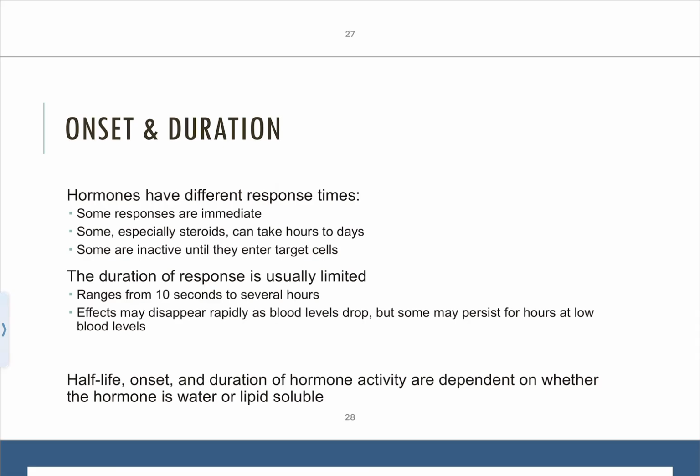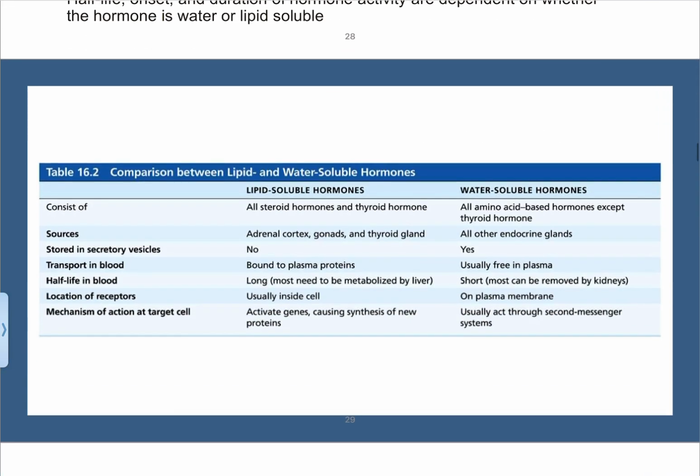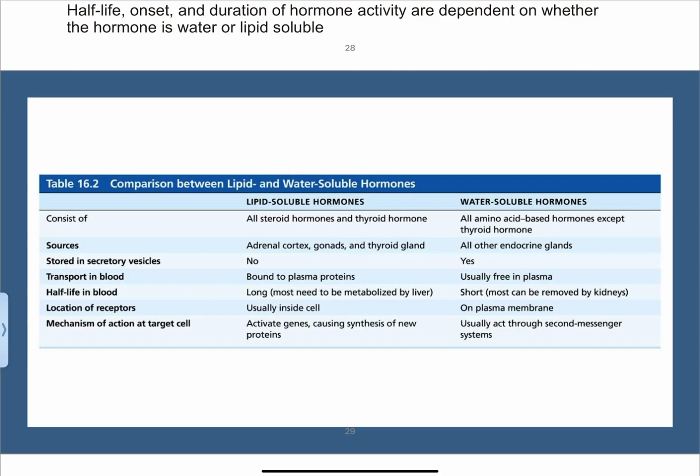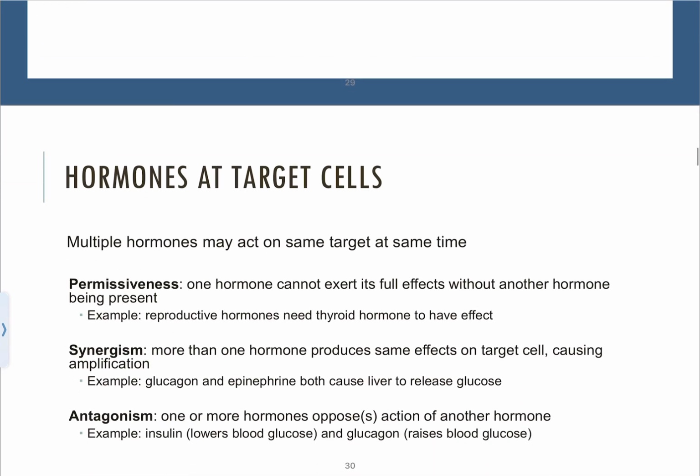But some of these can persist for hours if we have low concentration levels of the hormone in our blood. So all 3 of these things, the half-life, the onset, and the duration of the hormone activity, are dependent on whether the hormone, again, is lipid-soluble or water-soluble. Here's a good table. I recommend going in and previewing it to compare everything that we've talked about so far and the differences between the lipid-soluble and our water-soluble hormones.